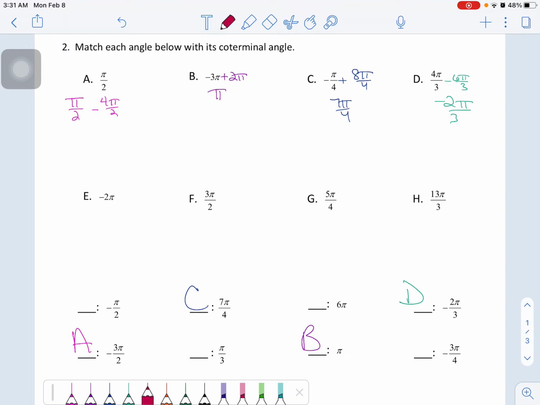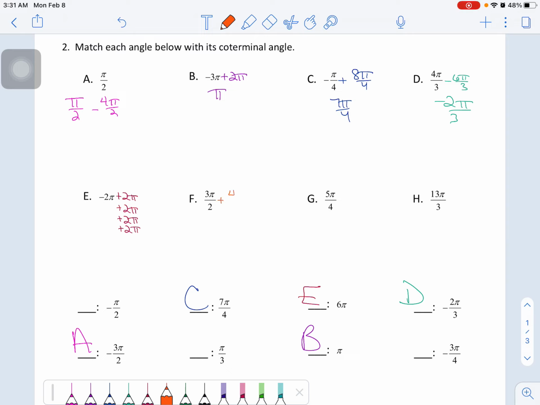All right, negative 2 pi. So if I add 2 pi, that would give me 0. If I add another 2 pi, that would get me 2 pi. If I add 2 pi, 4 pi, and there is 6 pi for E. And that's where coterminal angles, you can add as many times or subtract as many times as you need.